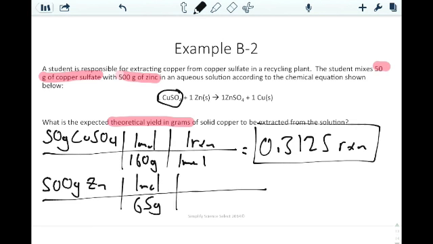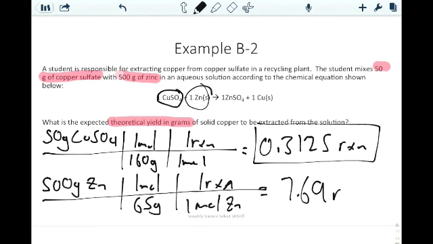And then in a reaction, we see 1 mole of zinc in one reaction, which we work out and get something right around 7.69 in a reaction, and so that is much greater. So this zinc is our excess reactant, so we see that here is our limiting.